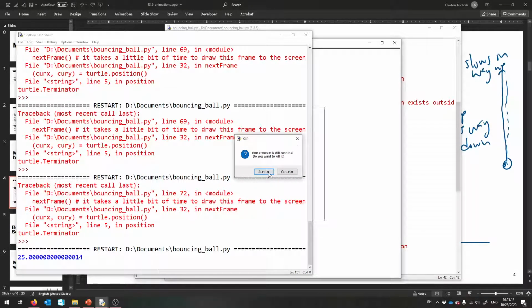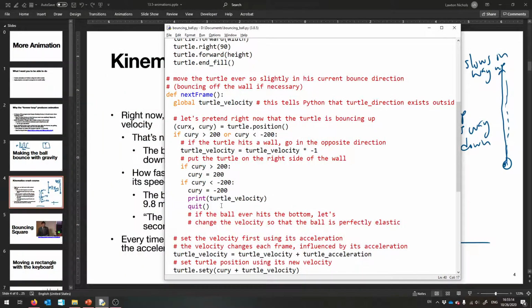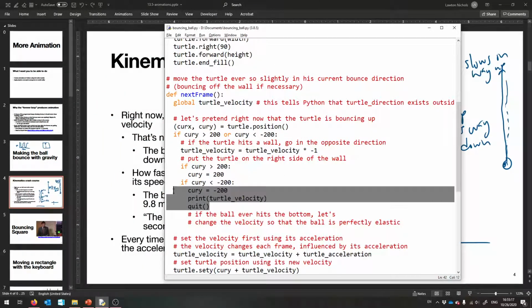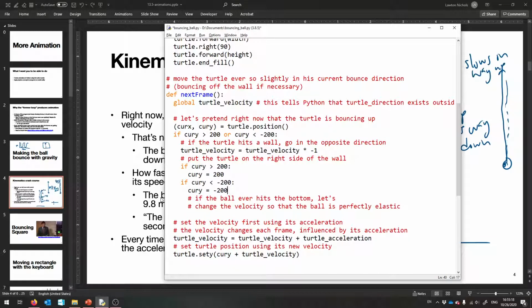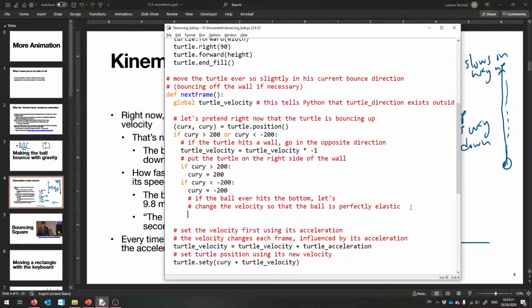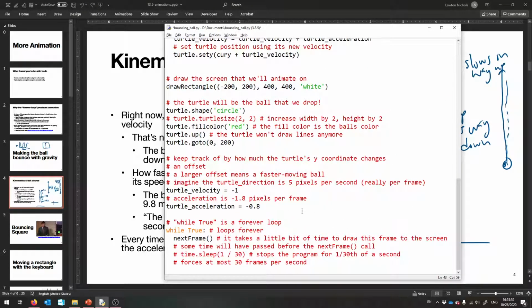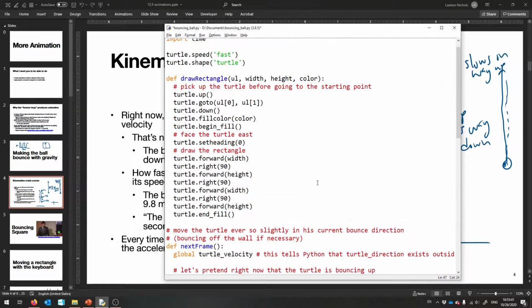Okay? Yes, I do want to kill it, except quit stops the program. Okay, so it's 25. This is just a constant. It's influenced by the initial velocity and acceleration.